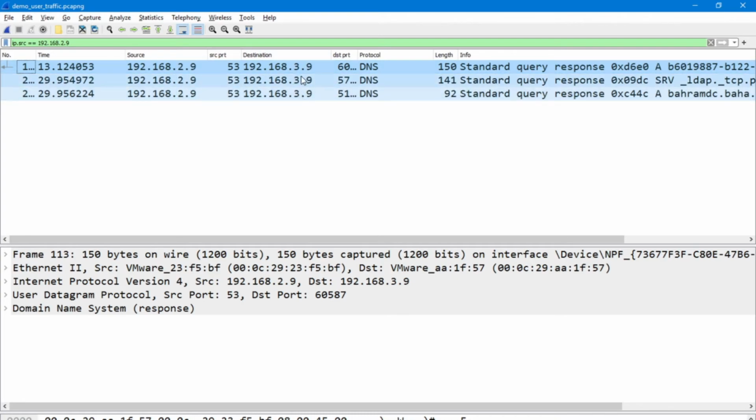We know that 3.9 has some files potentially on it, that it is authentication, so it's probably a domain controller. And we have a machine here, 2.9, which is on a completely separate network than 3.9. It's communicating towards what we believe to be a domain controller.